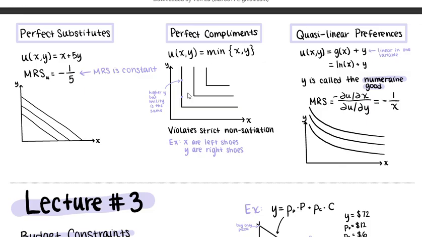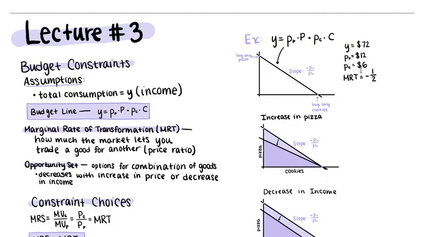So your utility actually doesn't increase. That's why I write it violates strict monotonicity. Okay.